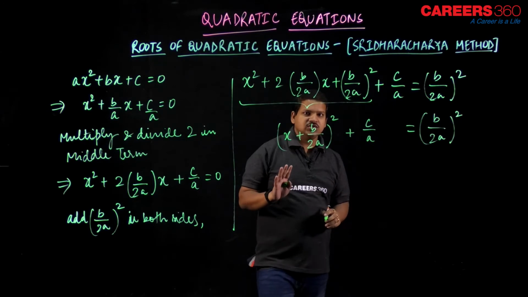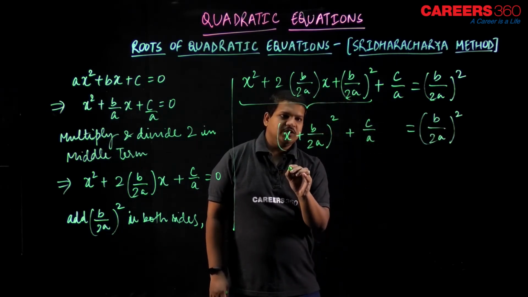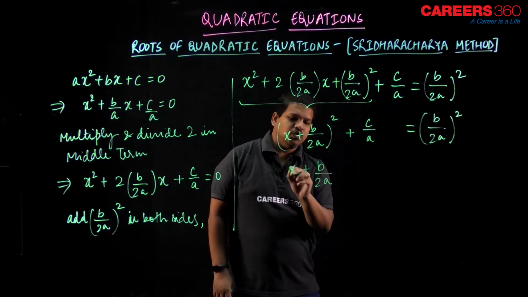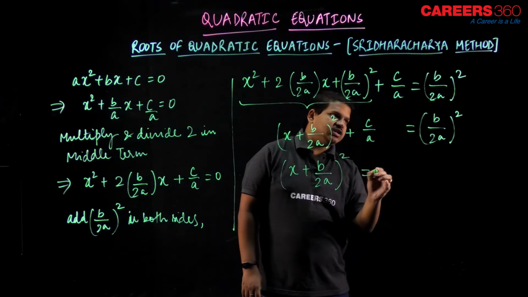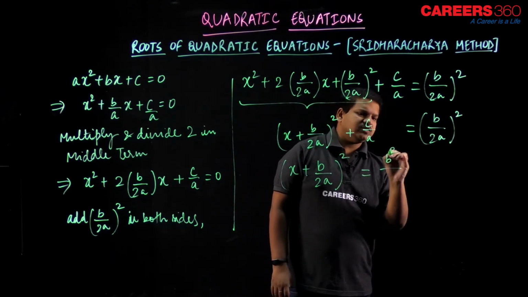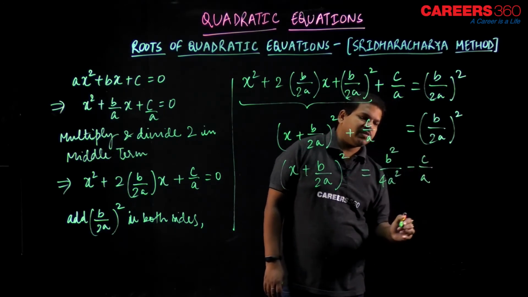I hope it is making sense to you. Let's take c upon a out of here. So what I'll be remaining with is x plus b upon 2a whole square is equal to, let's open the square as well, b square upon 4a square minus c upon a.